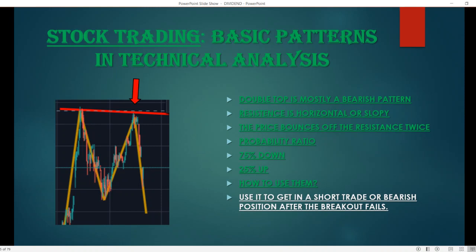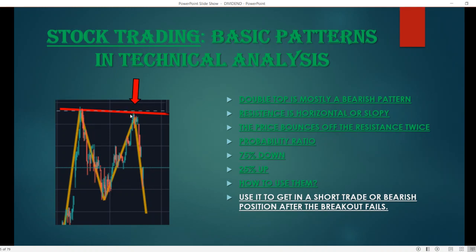So right here, I have my resistance in the red line. This means that the stock has come to this point before. Then it drops. Then it bounced again and it came to this point. Now, here is our signal point. That's why I put this red arrow.